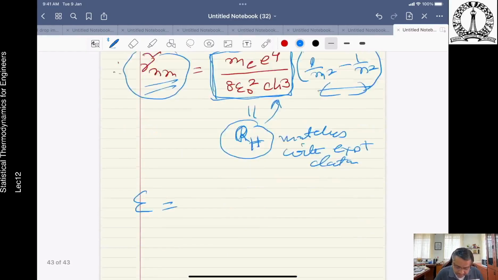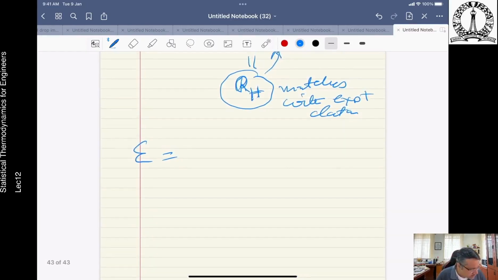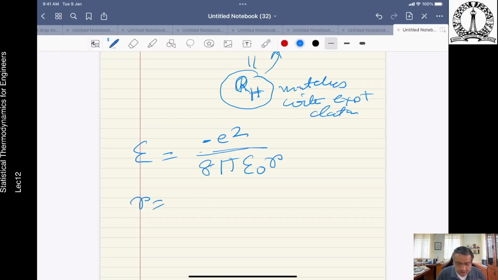So energy, if you recall, was given as minus e squared over 8 pi epsilon naught r, and r we found out was given as 4 pi epsilon naught h bar squared over m e squared times n squared.